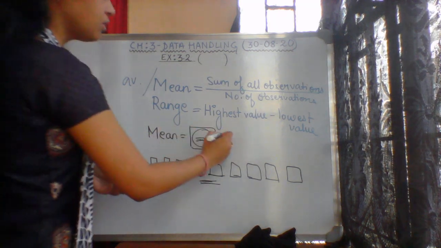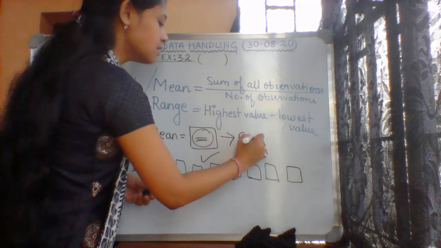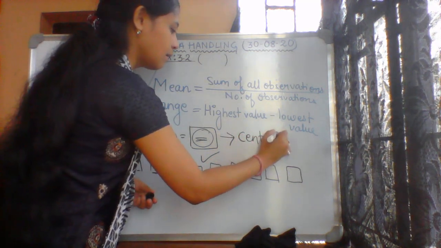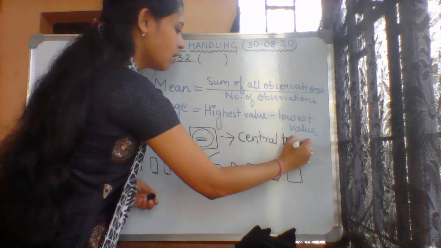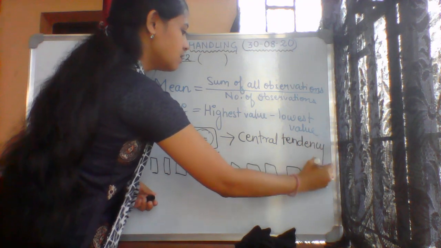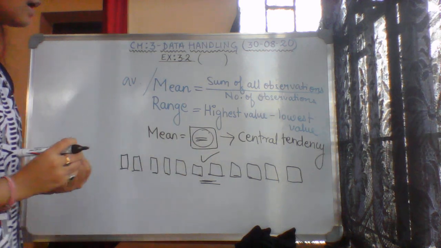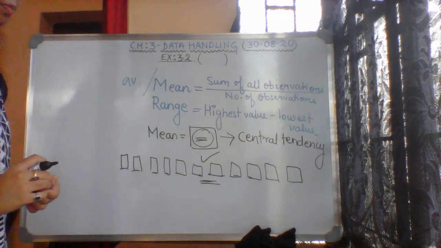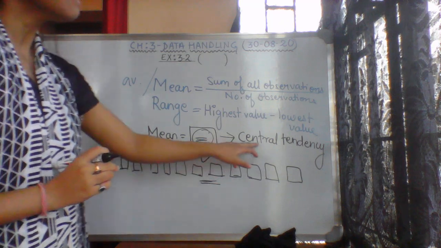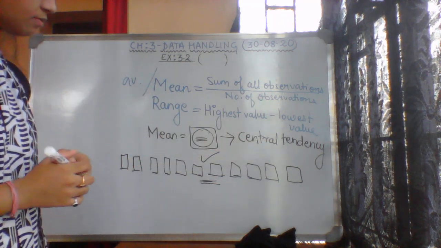So mean can be called a central tendency, because that value gives an idea of a central value.